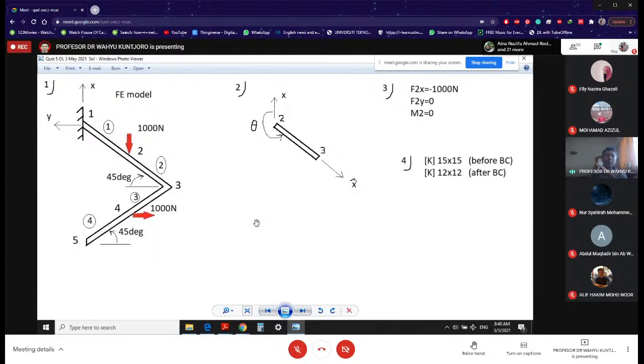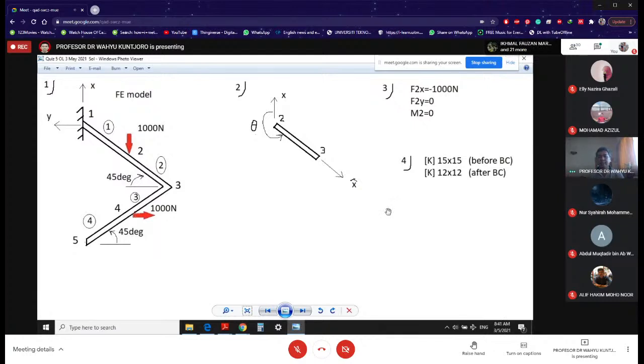Okay, so the next question is to decide the orientation angle of element number 2. Element number 2 is connecting node 2 and 3, which we have over here. It's up to you which direction you choose for your positive local axis.